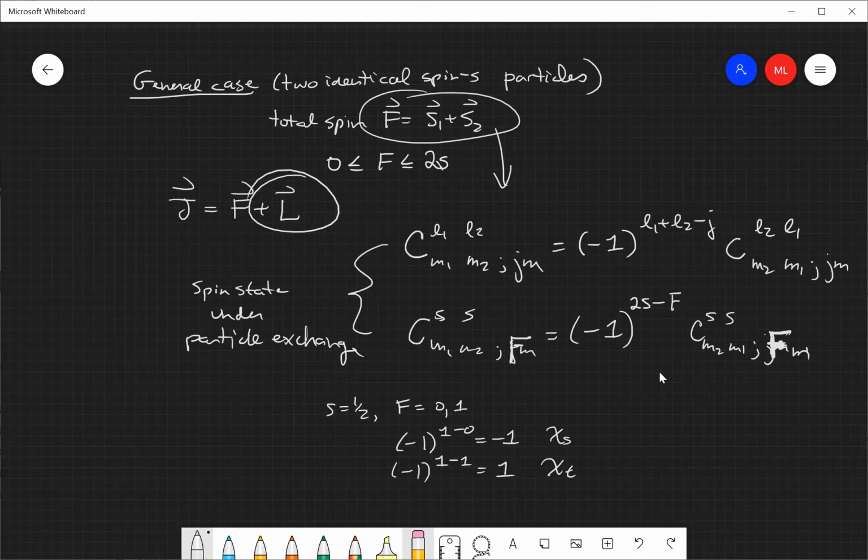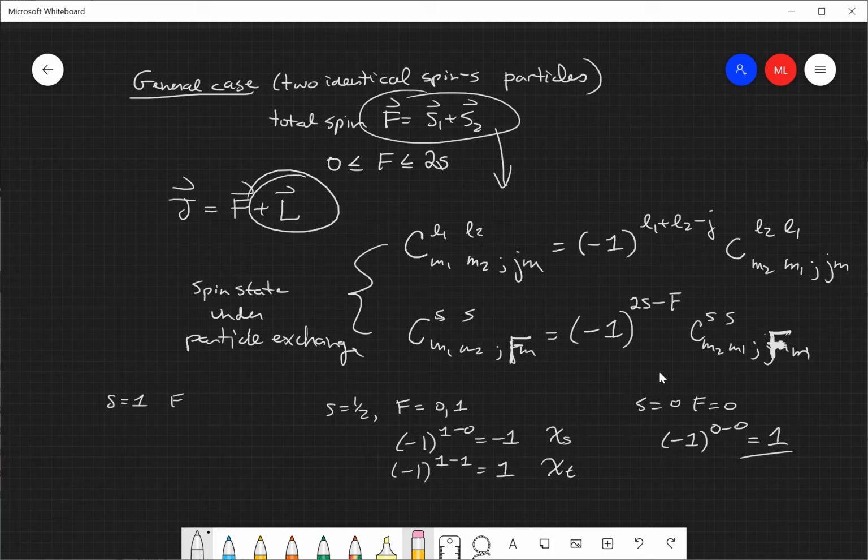Now you could do the same trick with any spin that you want. Here S equals 0 is really easy because then the only possibility is F equal to 0, and then you just have (-1) to the 0 minus 0. That's just 1. So always symmetric. Spin 0 always has a symmetric spin wave function. Now you can generalize this to whatever you'd like. So like spin 1, of course, those are bosons.